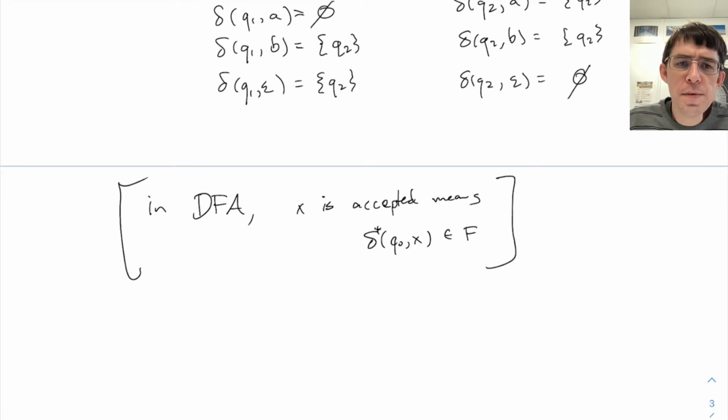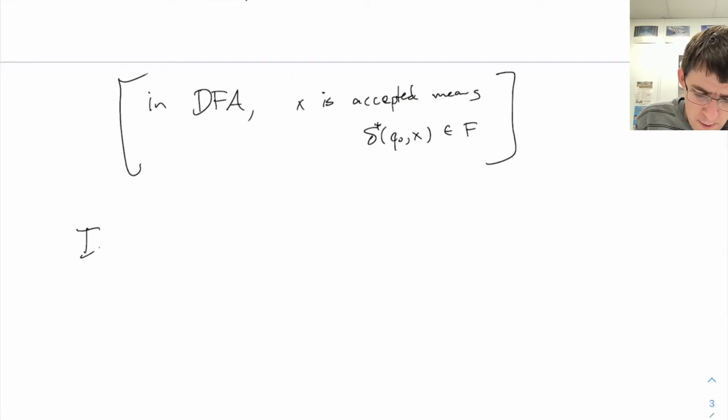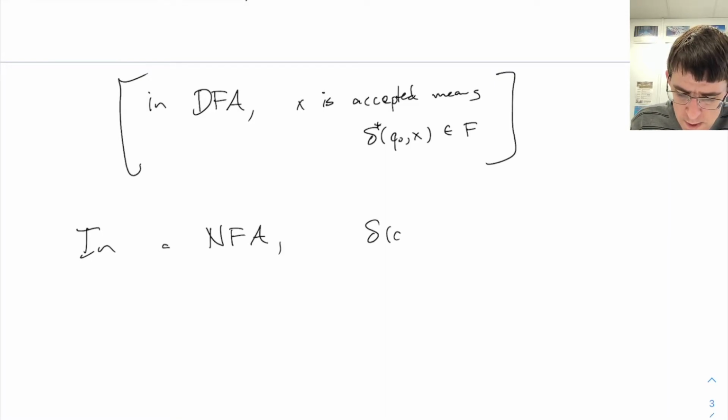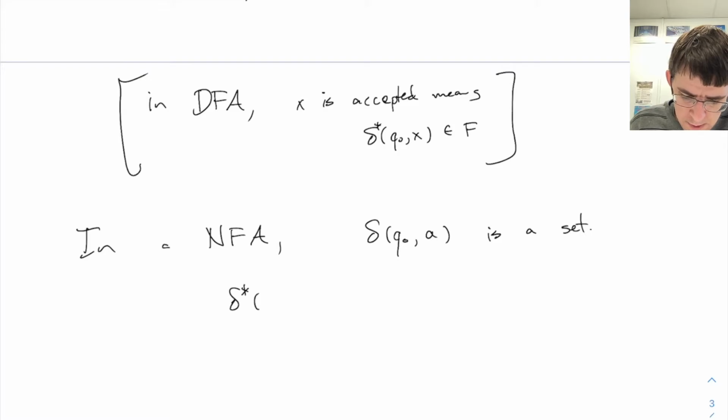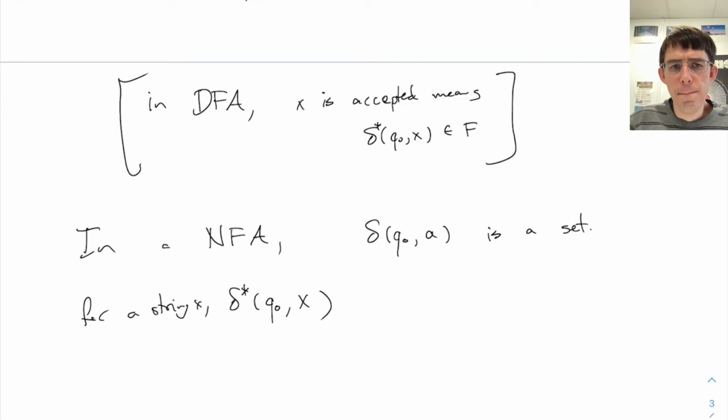Maybe we should talk first about delta star. For a string in an NFA, an individual delta is a set of possible outcomes. It could have more than one possible outcome. This means that the delta star is going to be quite a bit more complicated. When I write delta star of, say, a state Q0 and X, for a string X, what does that mean?